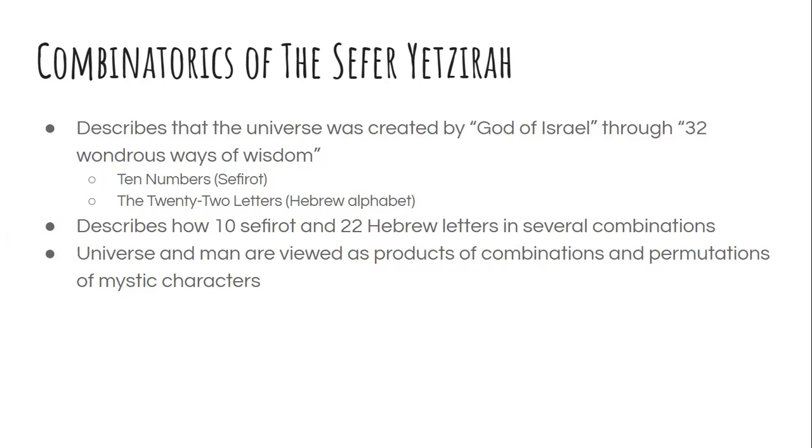Part of this is the 10 numbers, which is the Sephirot, and then the 22 letters, which is the Hebrew alphabet. Within that, there are 3 mother letters, like Aleph and Mem, 7 doubles, which is Bet, Gimel, etc., as well as 12 simples or elementals. That breaks up the 22 letters that I see right here.